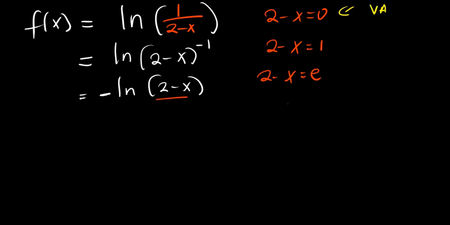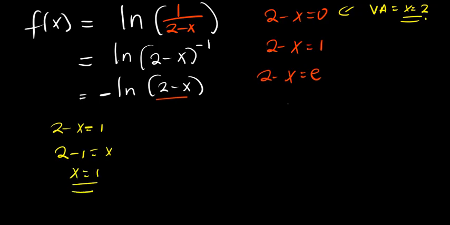So if I shift x to the other side, x will be equal to 2, meaning that my vertical asymptote is x = 2. At the same time, the second one is 2 - x = 1. Then if I shift 1 to this side and x to the other side, x will be equal to 1.